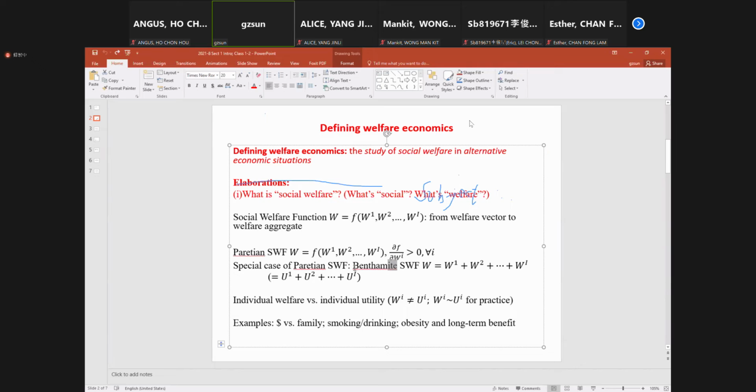This Bentham-style social welfare function is a specific way to formulate the Pareto social welfare function. We simply sum up my welfare plus your welfare plus everybody's, and we do not give any weight.